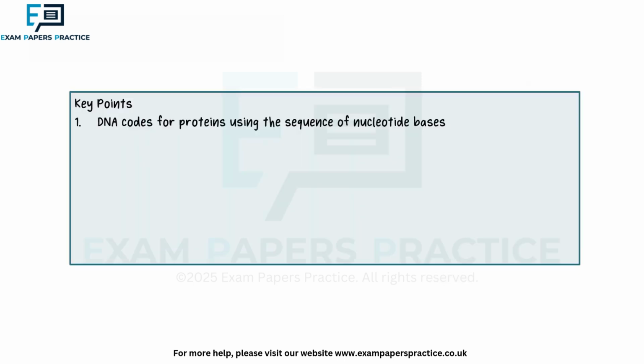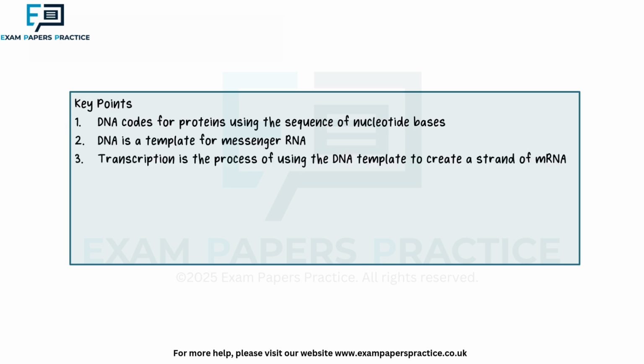In this video, we saw how DNA codes for proteins by having a particular order of nucleotide bases, which forms a template for messenger RNA. We saw that transcription is the process of using DNA as a template to create a strand of mRNA using complementary base pairing rules.